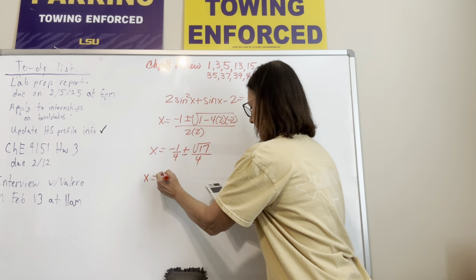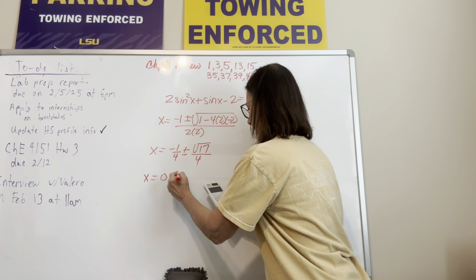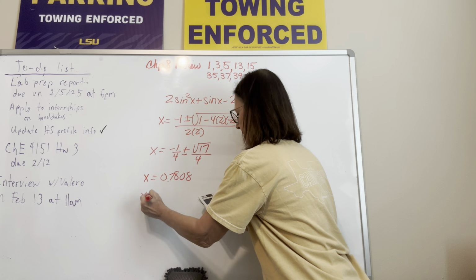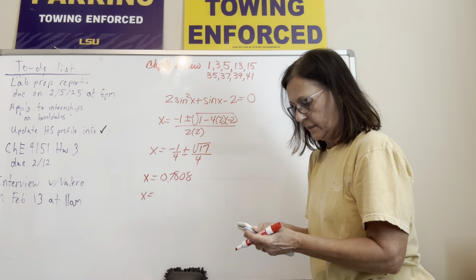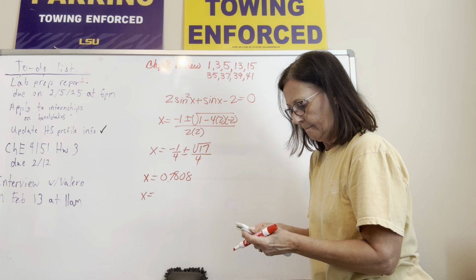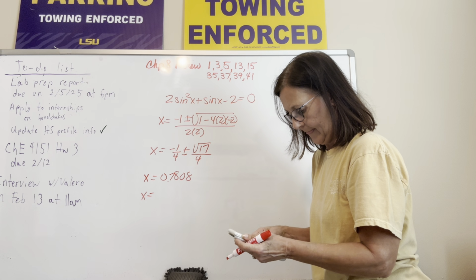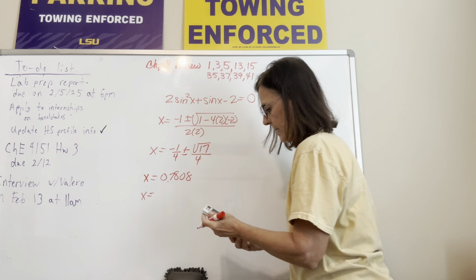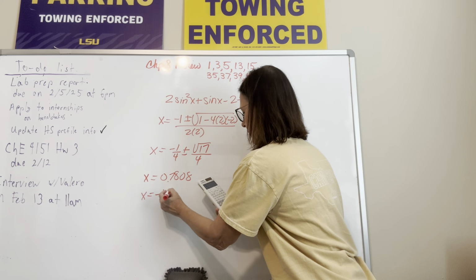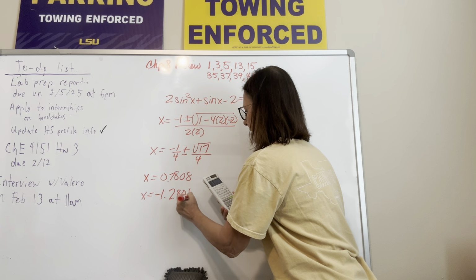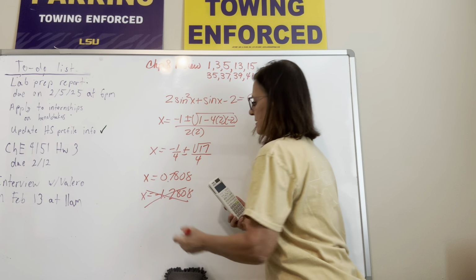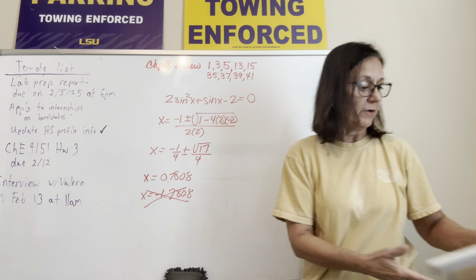So plus I get 0.7808, and minus I get negative 1.2808. Okay, that's not going to be a solution because the sine of x can't be greater than 1 or less than negative 1.